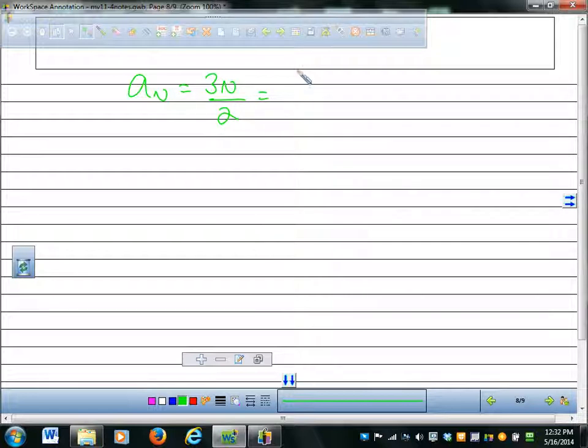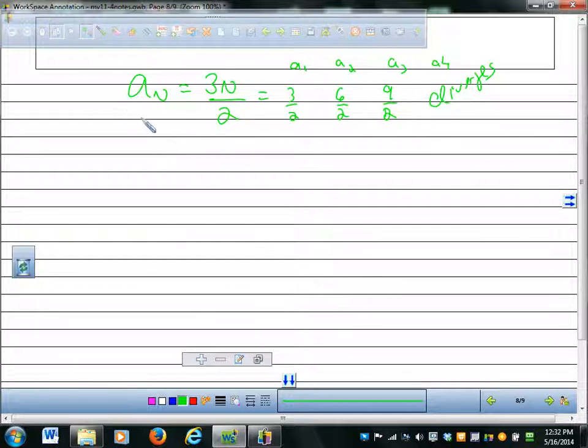What's the first term, a sub 1? Then a sub 2, a sub 3, a sub 4. The first term is 3 over 2. What's the next term? 6 over 2, or 3. What's the next term? 9 over 2. Are these numbers getting bigger or smaller? They're getting bigger. So this series is said to diverge, which means it doesn't have a limit.